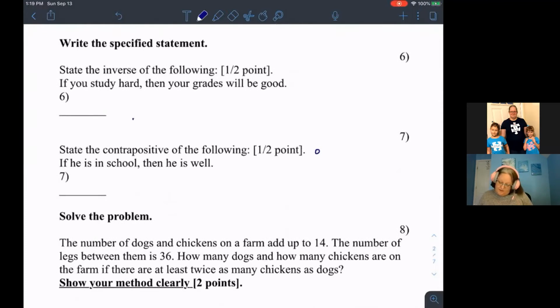Write the specified statement. State the inverse of the following. If you study hard, then your grades will be good. So in order to do that, we need to find out the inverse is equal to the opposite meaning.